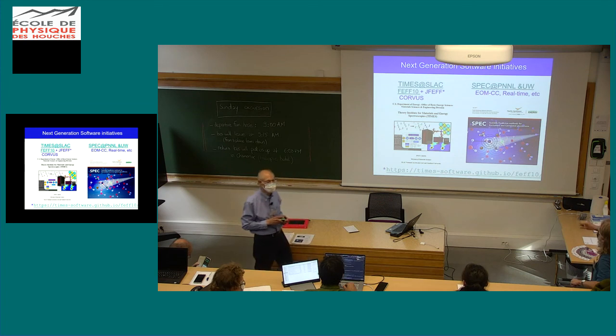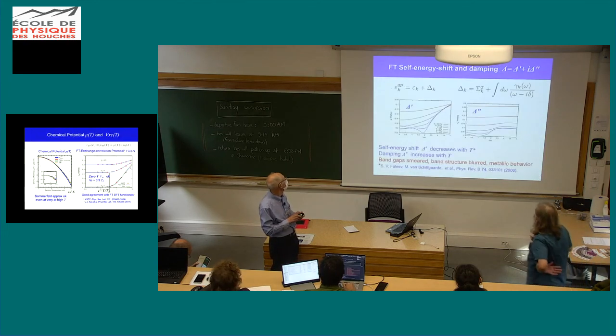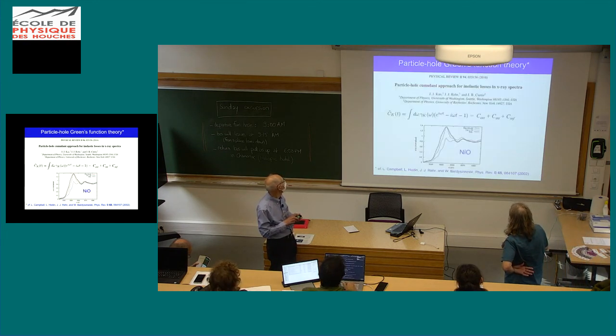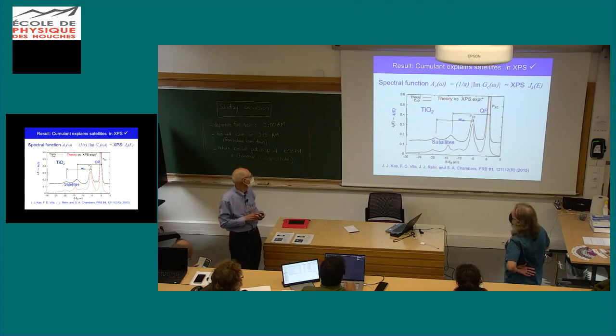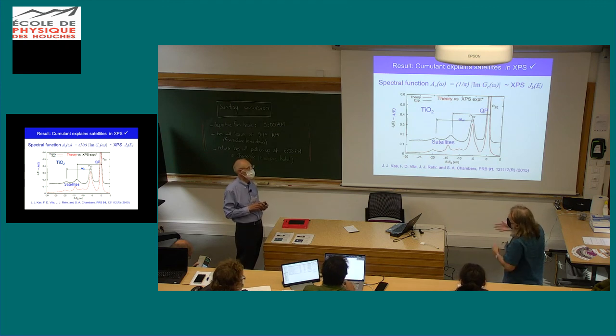The other question is about your XPS spectra. Can we go back and see? Usually when you try to reproduce satellites theoretically, you have missing features. But here it seems that you have extra features.